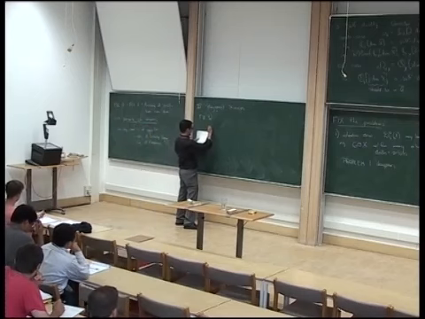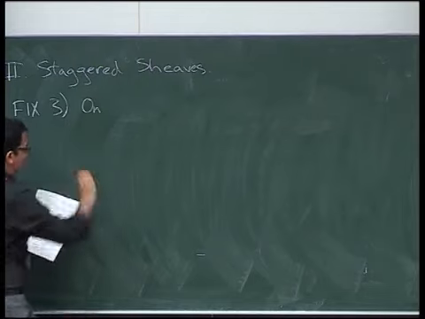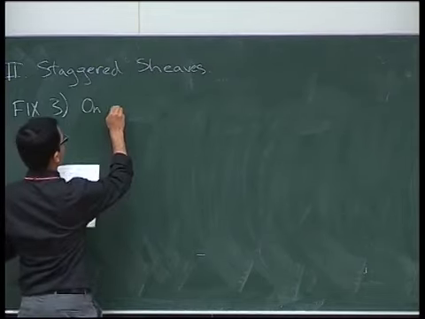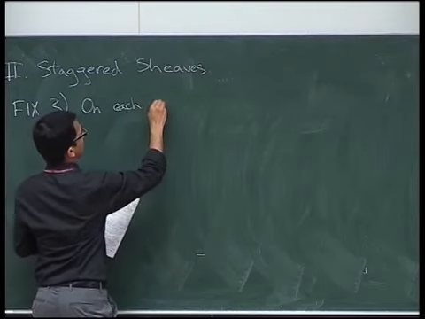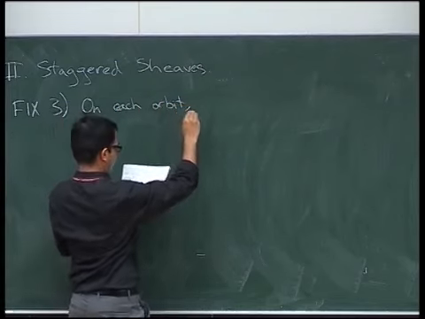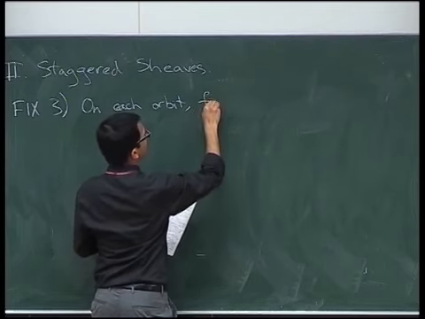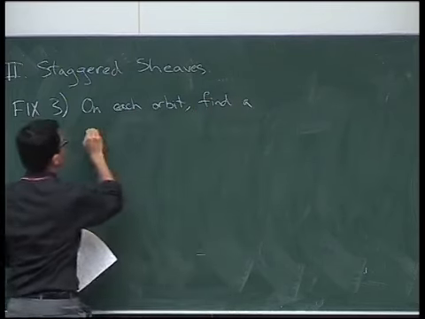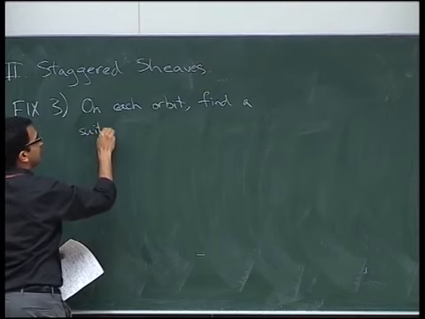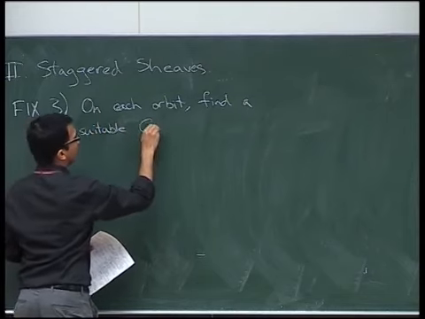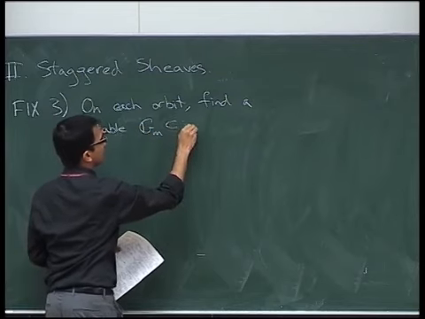So here's the kind of thing we're going to do. On each orbit, find a suitable copy of the multiplicative group inside the isotropy group.